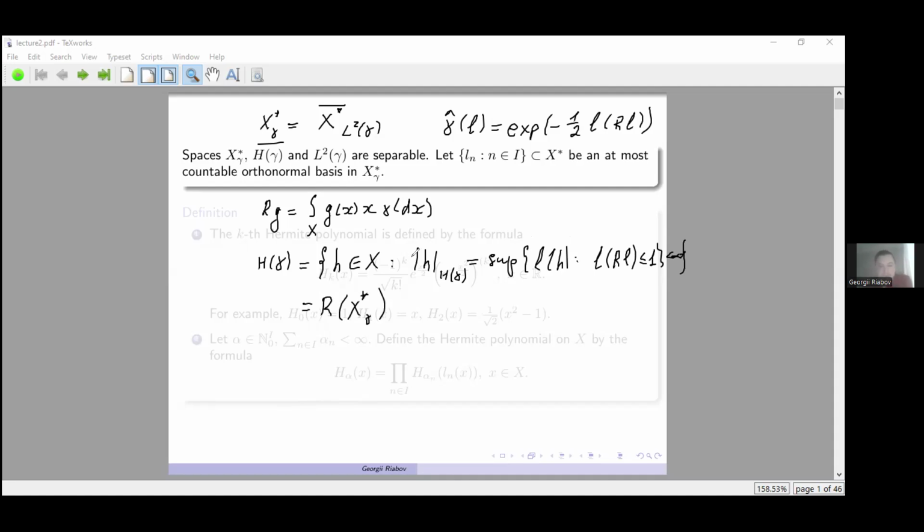And also we showed that actually the space H gamma is the space of all admissible shifts, in the sense that if we take a vector from H gamma, then the shift of measure gamma is equivalent to gamma, and if H is not from H gamma, then the shift is singular with respect to gamma.